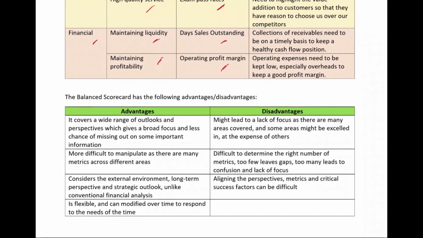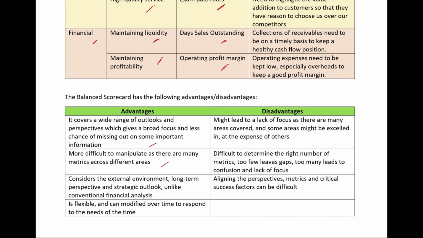Okay, let's cover both. So the advantages are, like we said, it covers a wide range of outlooks and perspectives, gives a broad focus, and there's less of a chance of missing out on some critical stuff, which you would if you had just traditional financial analysis, like you'll ignore the customers completely. It's more difficult to manipulate because there's metrics across various areas.